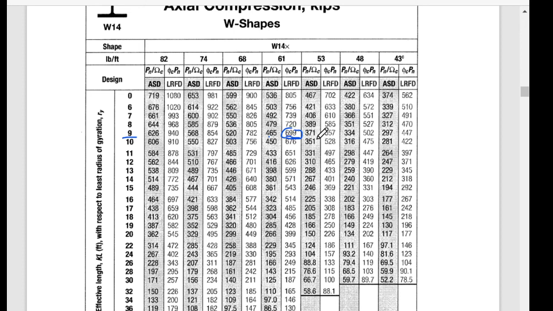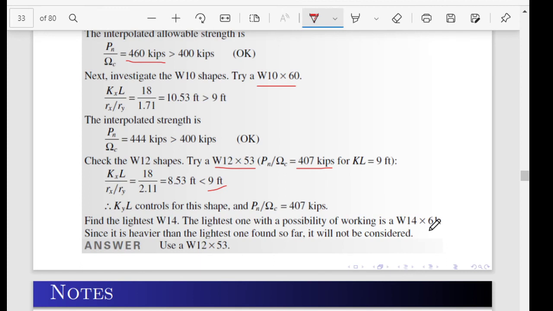So 557. I know this one, 400. This one is ASD. So what passes is W14 by 61, but this 61 is greater than the earlier evaluated shape W12 by 53.